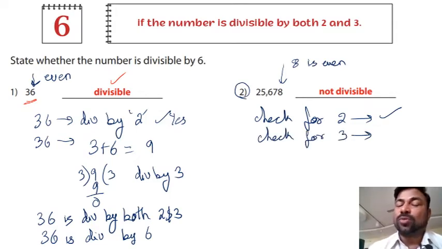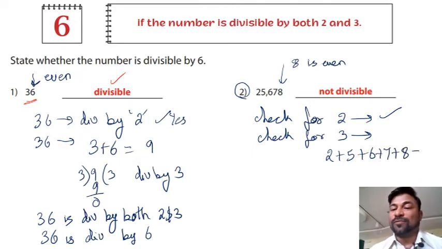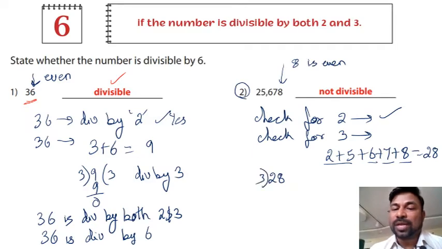Now let us check divisibility by 3. What is the sum of all the digits there? 2 plus 5 plus 6 plus 7 plus 8. 2 plus 5 is 7, 7 plus 7 is 14, 14 plus 6 is 20, 20 plus 8 is 28. Now let us divide 28 by 3. 3 sevens are 21, and the remainder is not equal to 0.